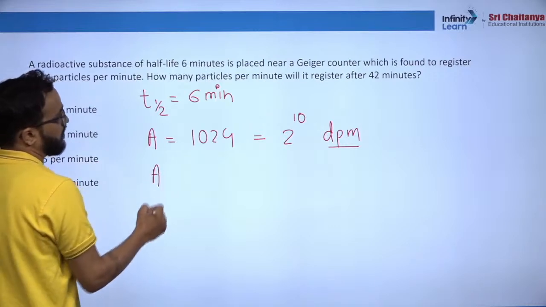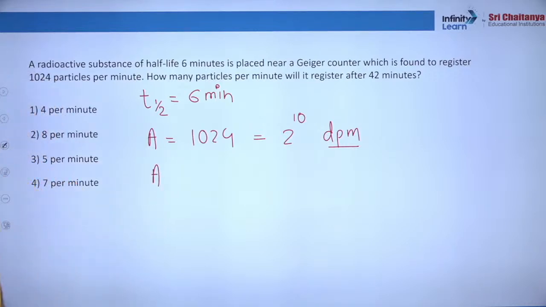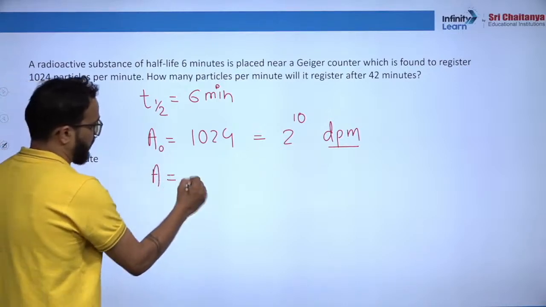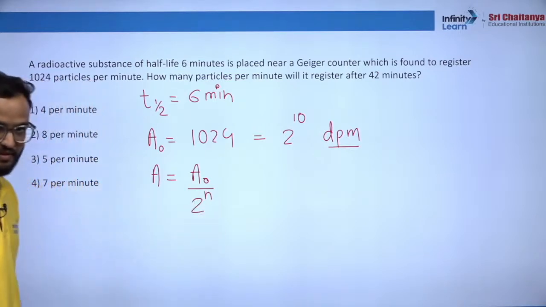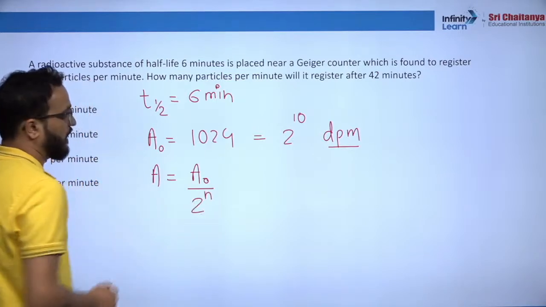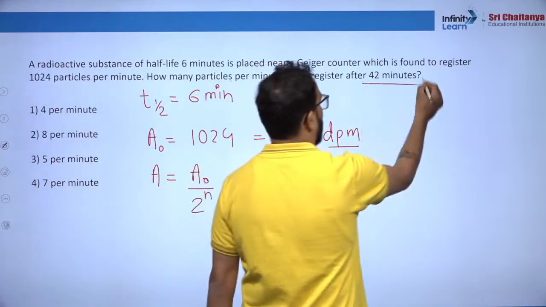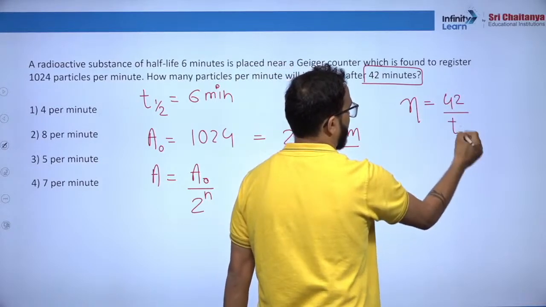How many particles per minute will it register after 42 minutes? So let's say this is our A naught. So A is A naught upon 2 to the power n, where n is the number of half lives, right? After time 42 minutes, N is 42 upon T half.